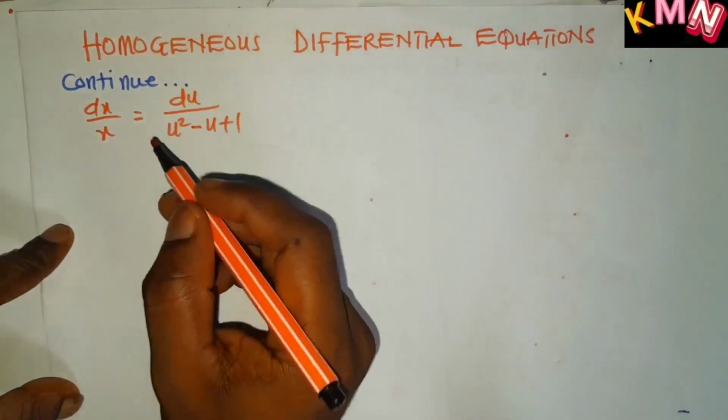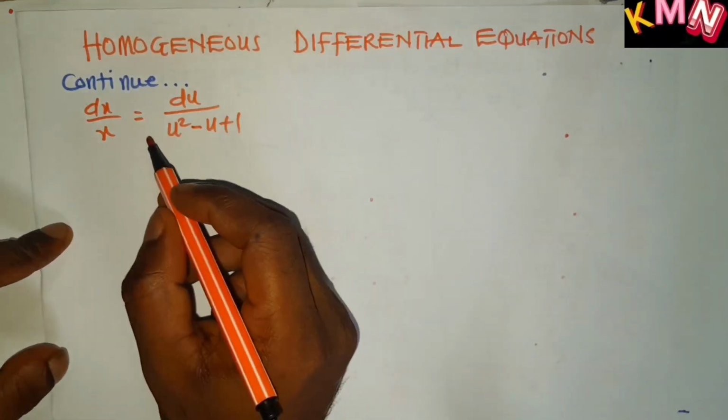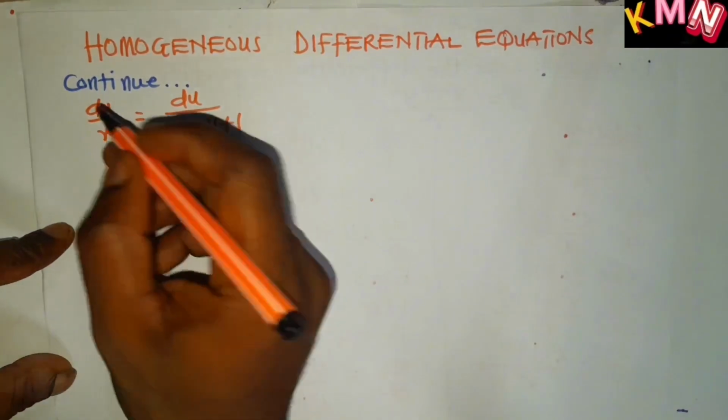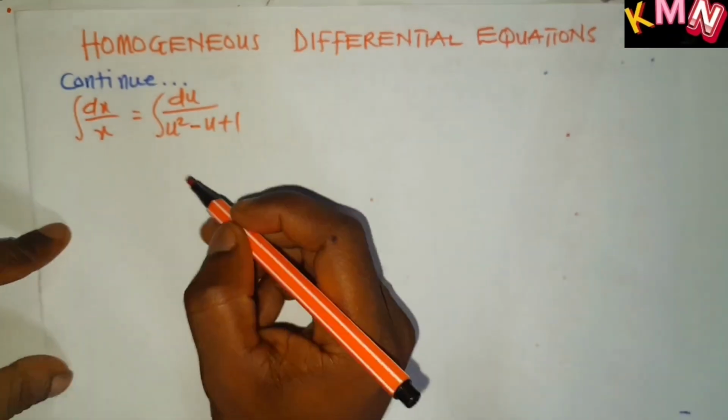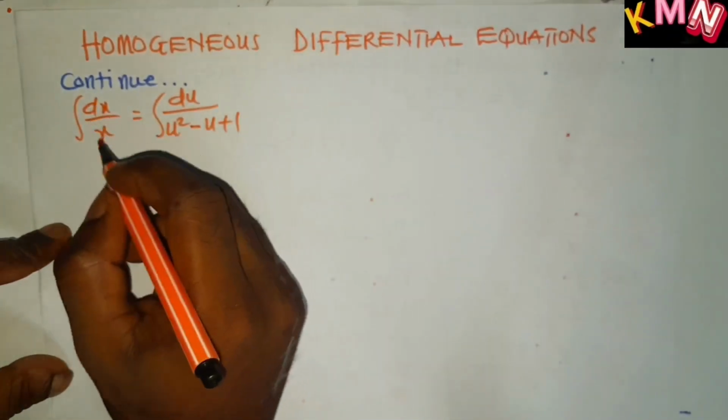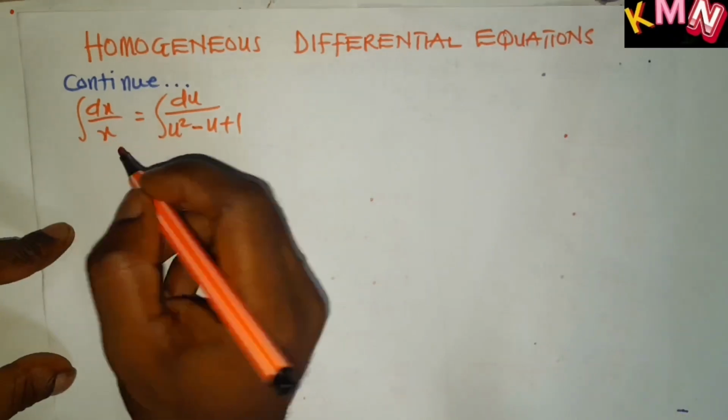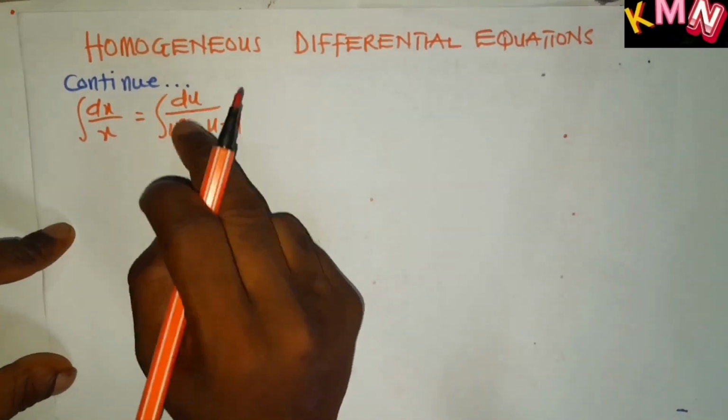So now that we have been able to separate the variables, we are going to integrate both sides, and you know clearly that when you integrate this, we're going to get ln x, but we have to work this one out.